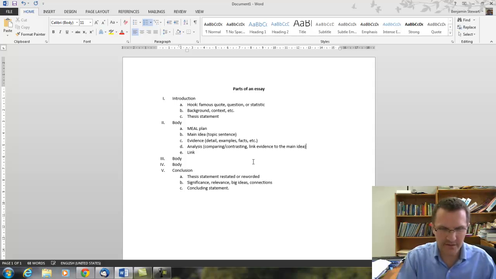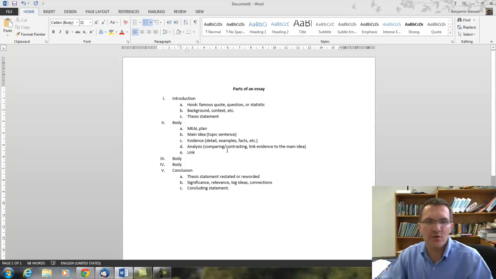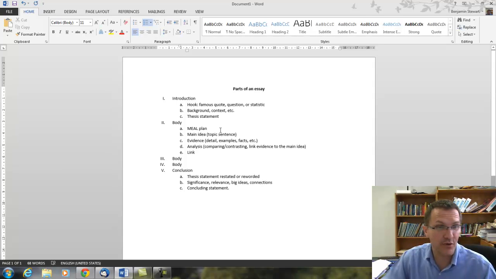So look at it as really tying the examples and details that you provide here again to the main idea. What you want to do is make sure that it's very clear the reasoning and relevance of this evidence or these details that you provide with regard to this one idea. You might also use these types of sentences to compare and contrast details that maybe were presented in prior paragraphs.